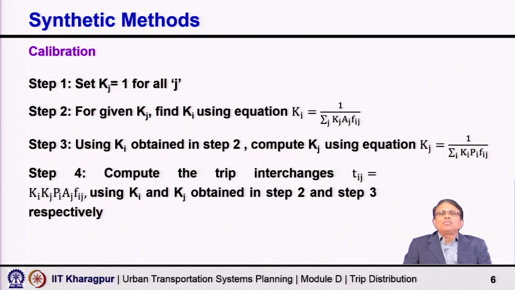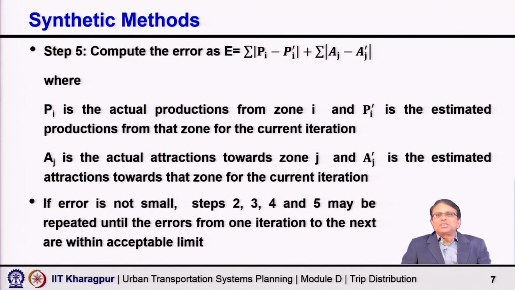When the difference is not that much, your Ki, Kj values have stabilized. Even if you go for one or two more iterations, the values are not going to change significantly. Then you directly come to step 4 and step 5 and check whether your errors are within acceptable limit.